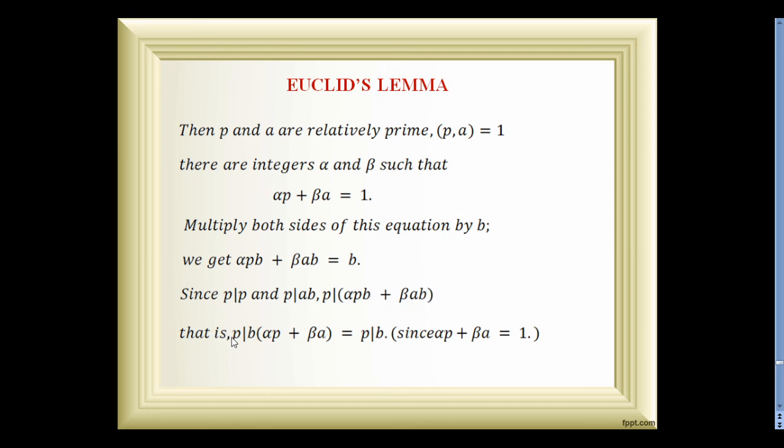So that is P divides, you can take B outside, B into alpha P plus beta A, which can be written as alpha P plus beta A, already it is 1. So on substituting here, we get P divides B.